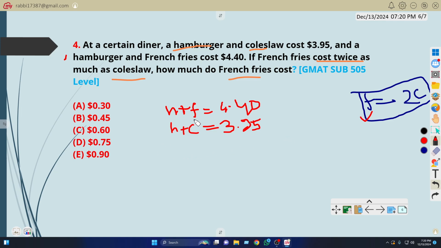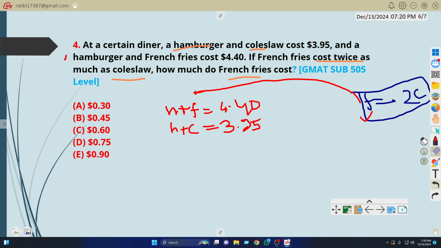So we can put the value in this equation so that we can easily add or subtract the equations and then find the value.